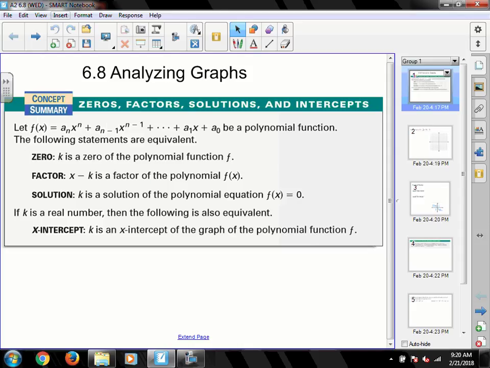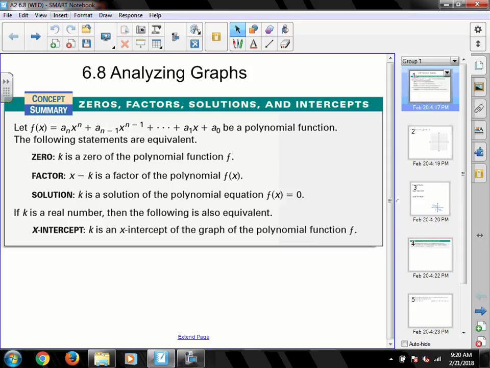We've been working with zeros for a while, using synthetic division, or finding a zero to help us find a factor. That's why we have that x minus some number. Your zeros and your solutions are the same things: set everything equal to zero and solve.